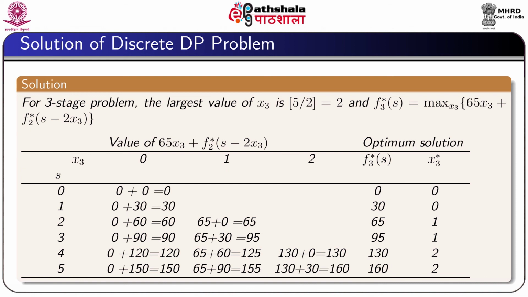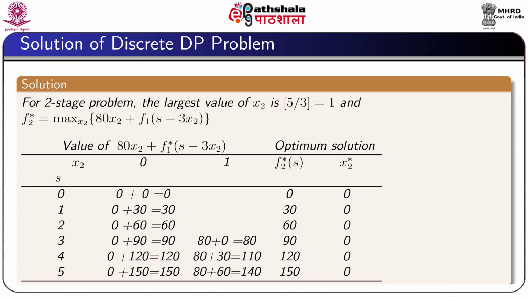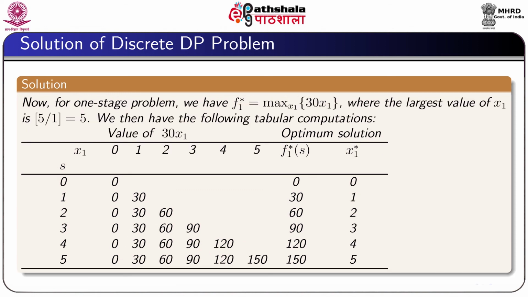So, when x3 takes 2, the remaining value of s is equal to 1, and from the previous table we see that when s takes 1, we have x2 star equal to 0, and when x2 star equal to 0, then from table 1, we find x1 star equal to 1.